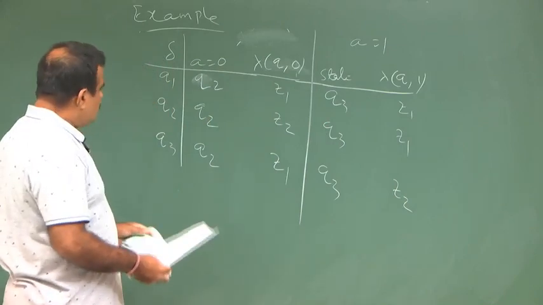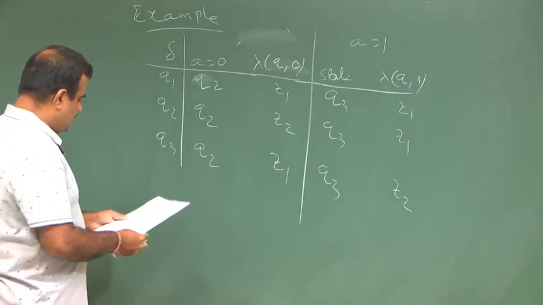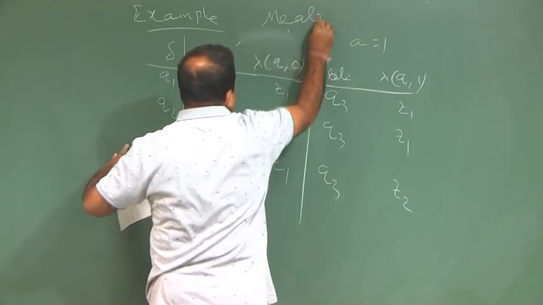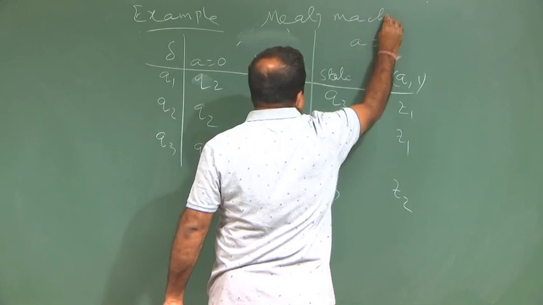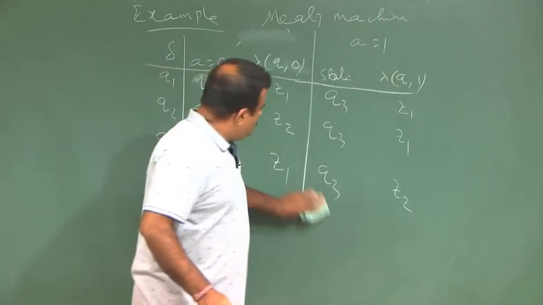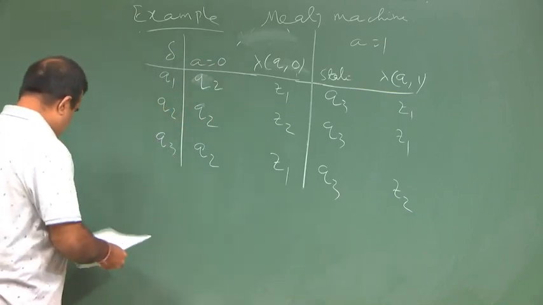Now, if you draw the corresponding Mealy machine, it will be like this. Then, if you draw the corresponding Moore machine, it will be like this.